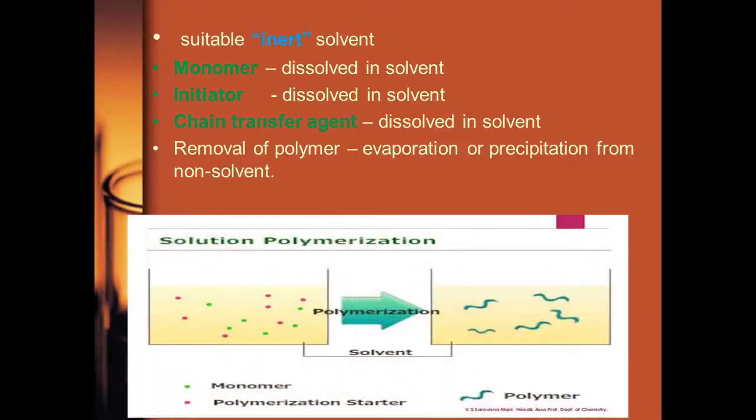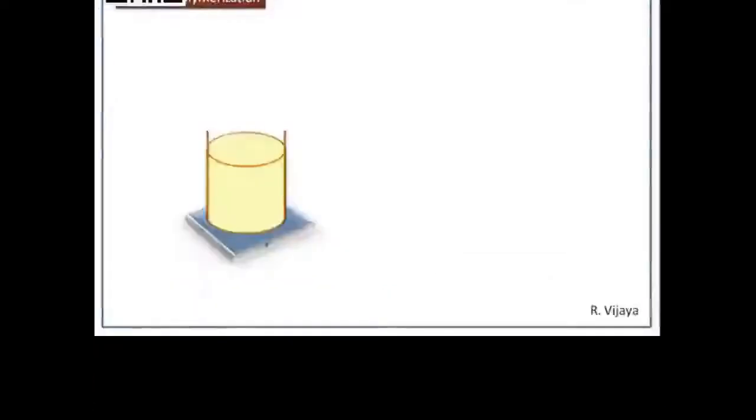In this diagram, once again, the monomer is shown as a green dot, the initiator, that is the polymerization starter, as a pink dot, and the inert solvent is represented in a yellow shade. After mixing the components, polymerization occurs and the polymers are formed in the inert solvent, shown as a green thread-like structure.